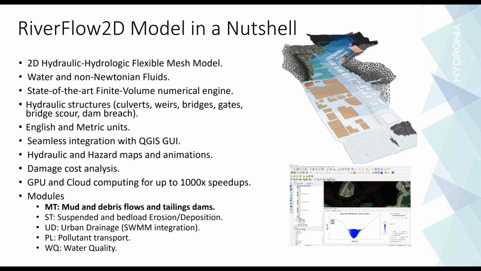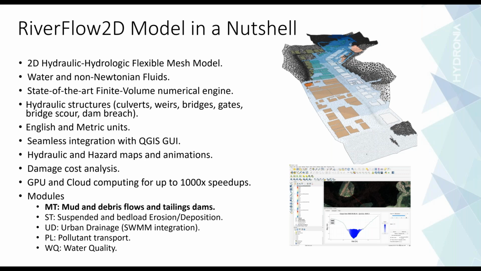The model has a GPU option, which means that it can run much faster if you have the proper NVIDIA GPU card, and that allows it to run significantly faster than other tools that you may find around.